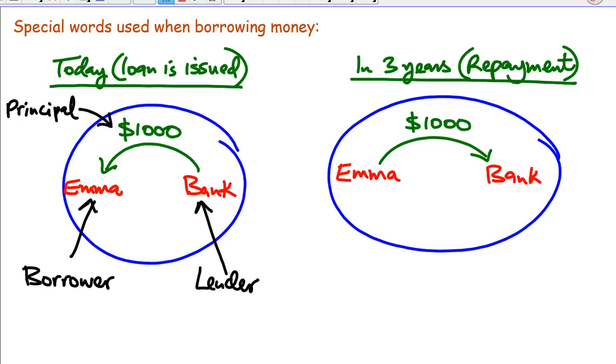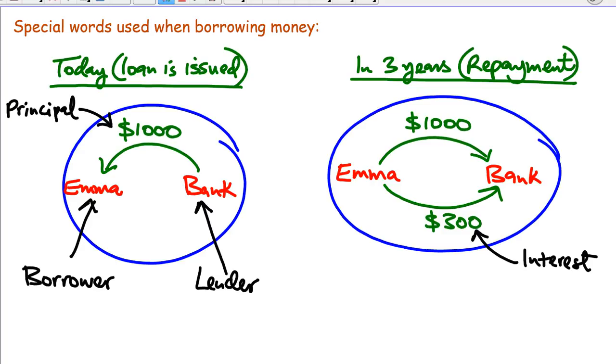So we have an interest of $300 from our previous calculation. Now, this amount here is what we call the interest. But remember, the total amount to be paid by the borrower in this case is 1,300. So the total amount of money being paid by Emma to the bank is 1,300.